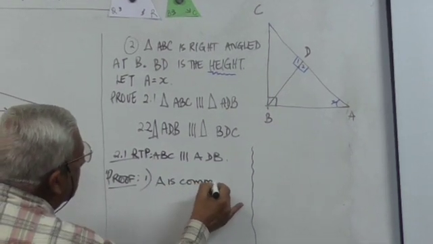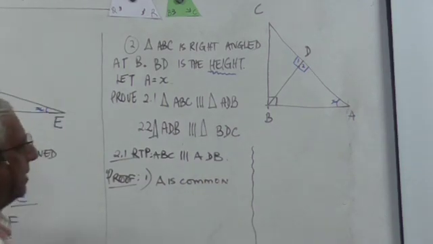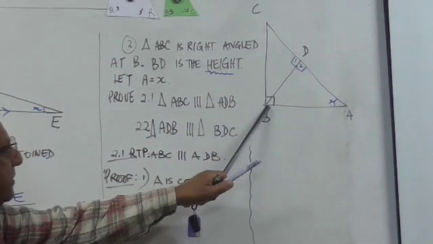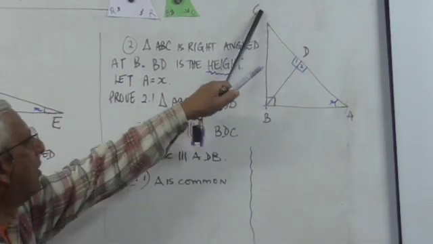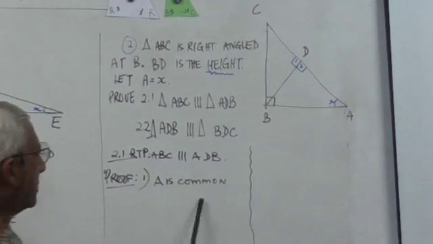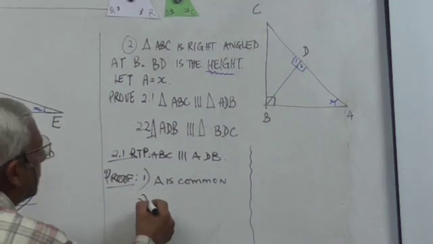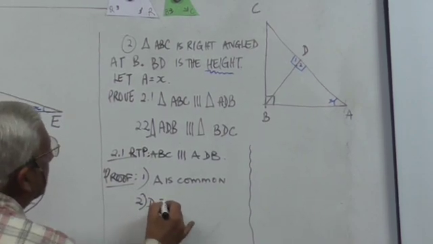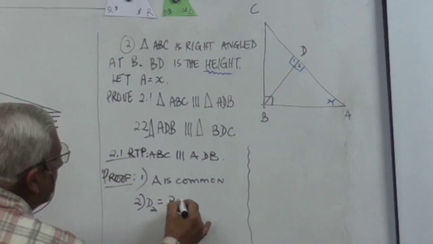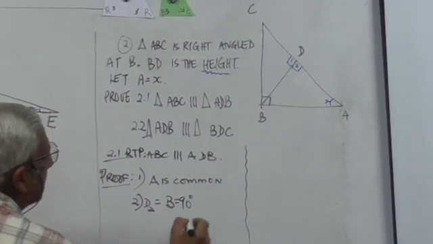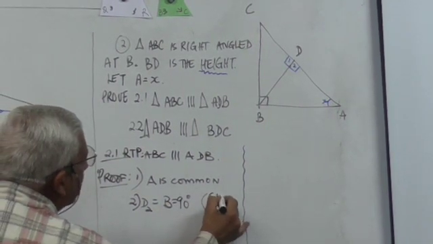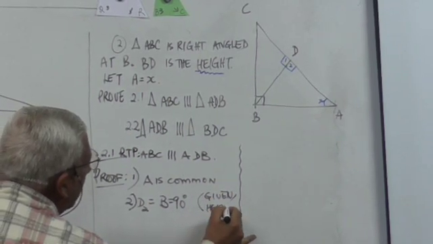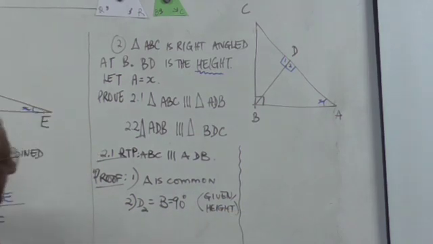You must learn this common thing, very important. Angle A belongs to the small triangle and angle A belongs to the big triangle, so angle A is common. So that's 1. 2. D2 is equal to B is equal to 90 degrees. Reason: one was given and the other one is due to height.